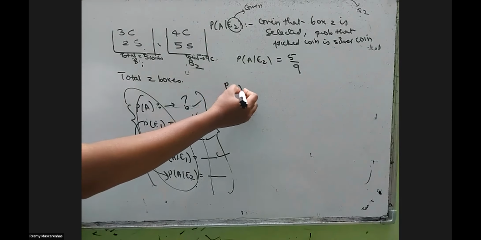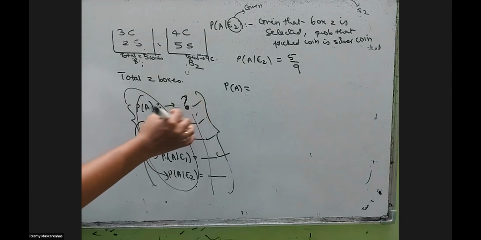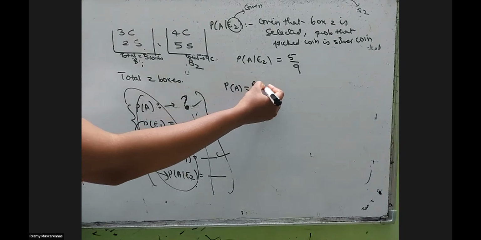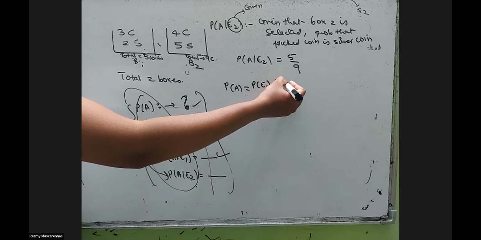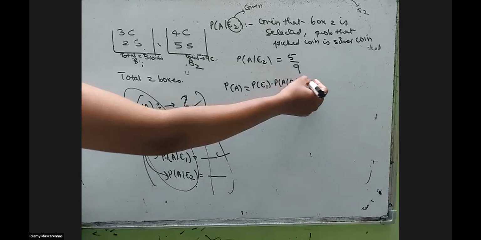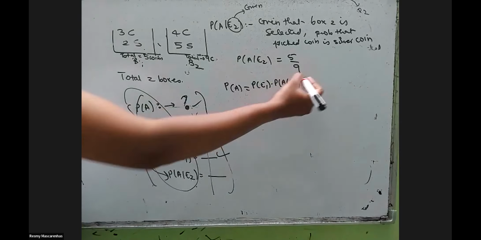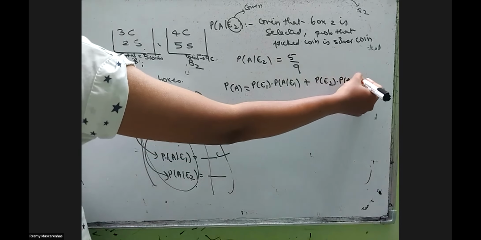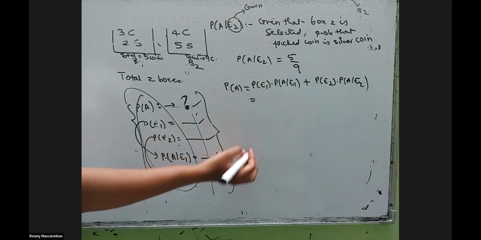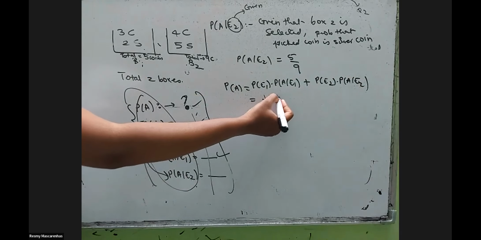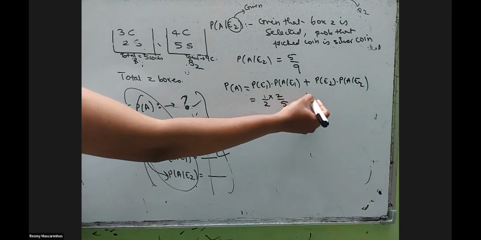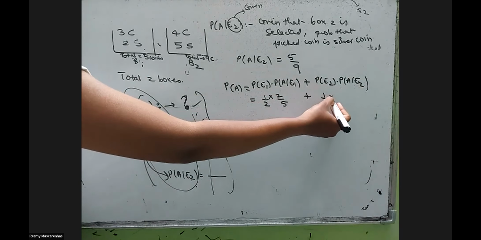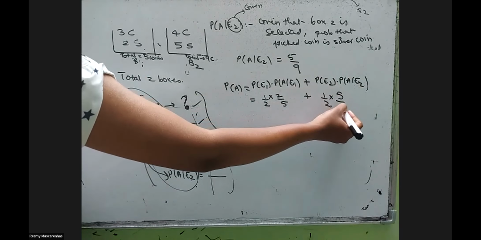P of A is nothing but P of E1 into P of A upon E1, the middle sign is plus, P of E2 into P of A upon E2. And just substitute the values now. So this was half, this was 2 out of 5, this was again half, this is 5 out of 9.